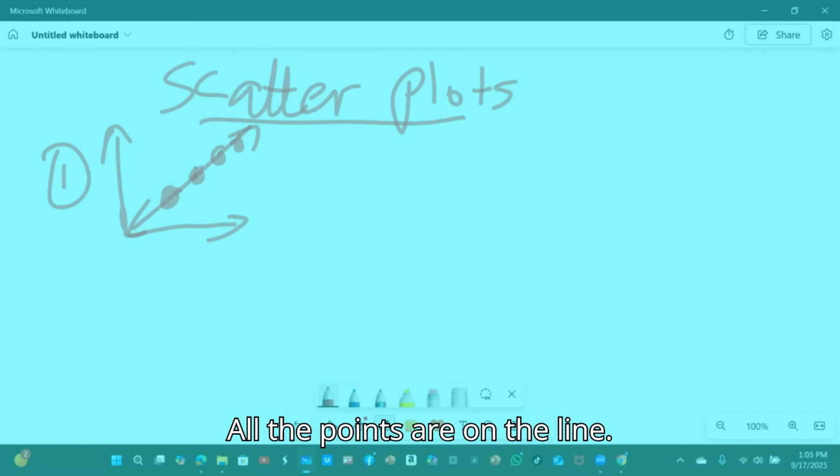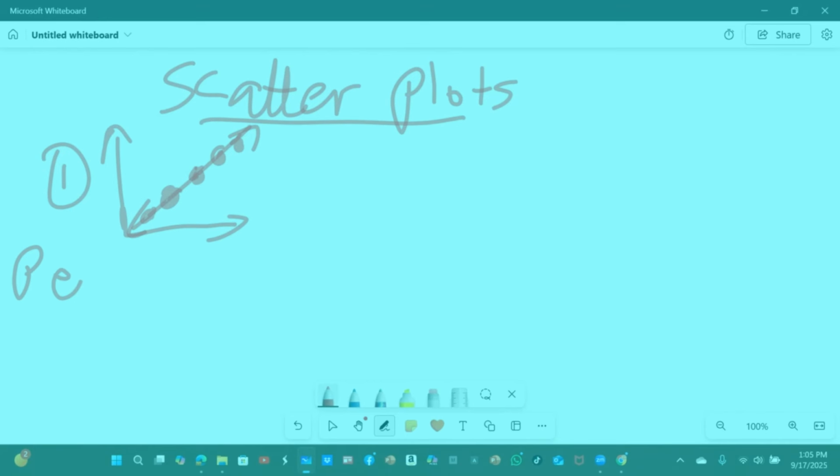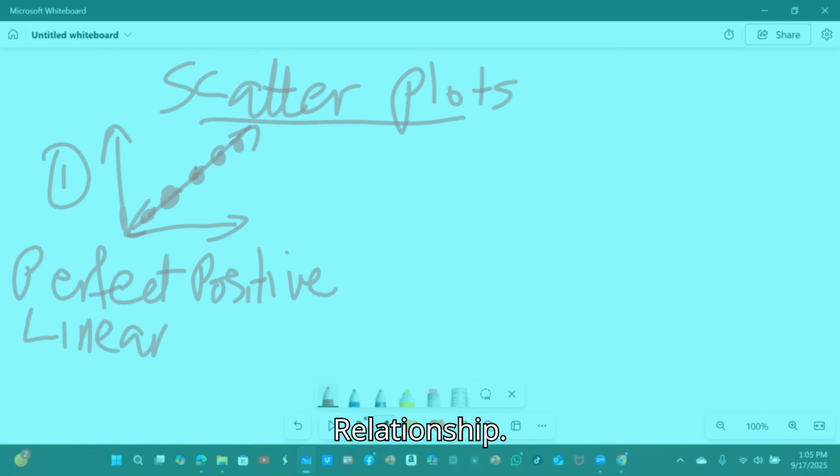And we shall call this one a perfect positive linear relationship.